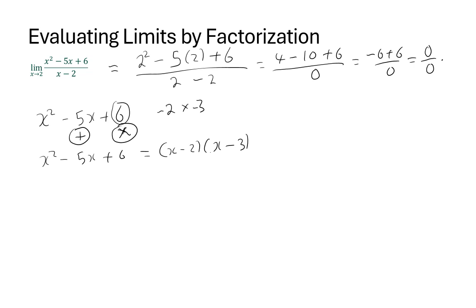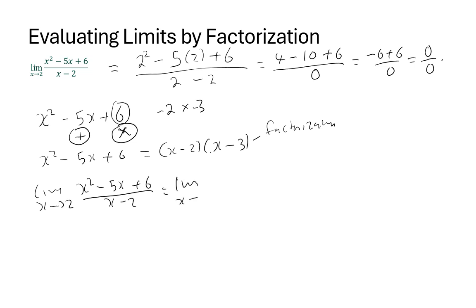Then we just substitute this factorization, and this is what we call factorization. So we substitute it back here. We'll have the limit as x tends to 2 of the factorization, x minus 2 times x minus 3, divided by x minus 2. If you look, we have x minus 2 here and x minus 2 here.